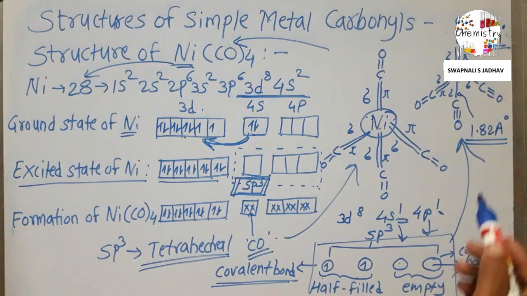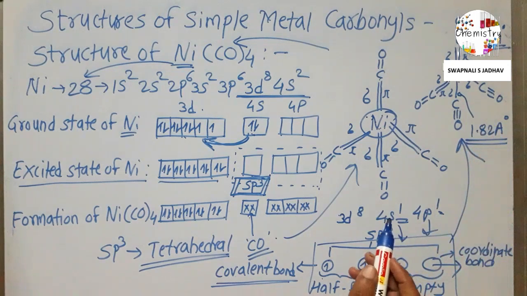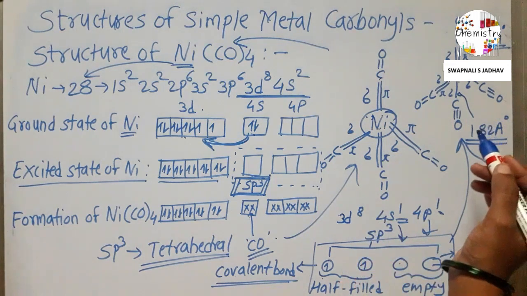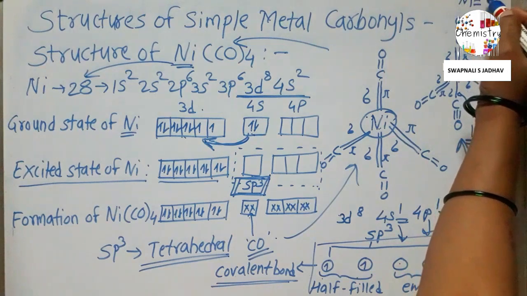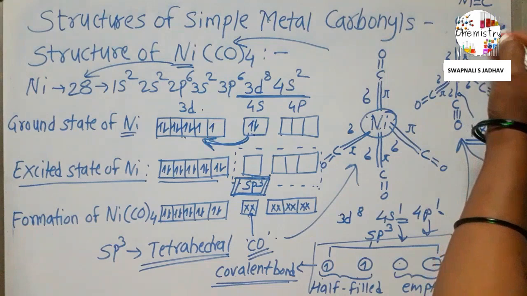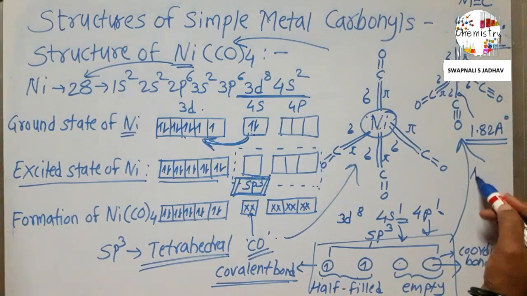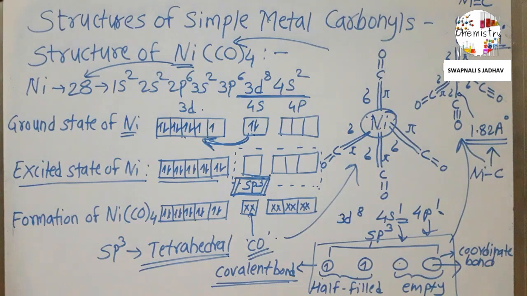This structure is supported by X-ray and electron diffraction studies. According to that, the bond length between nickel and carbon double bond is 1.5 angstrom, and nickel single bond carbon is 1.82 angstrom. Understand?